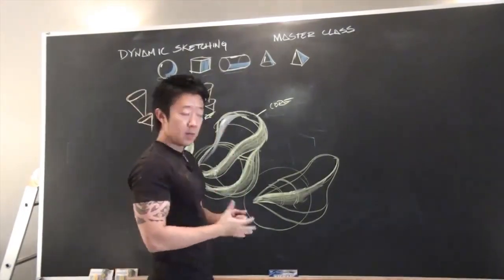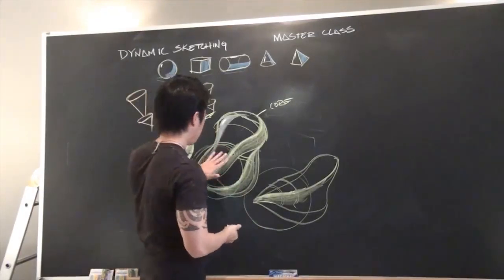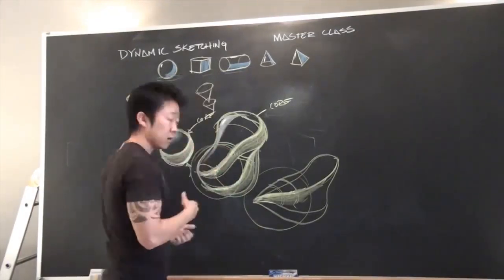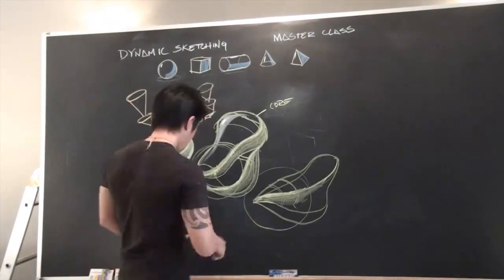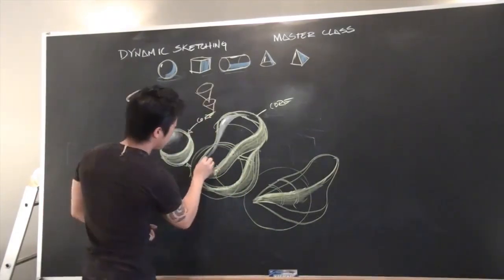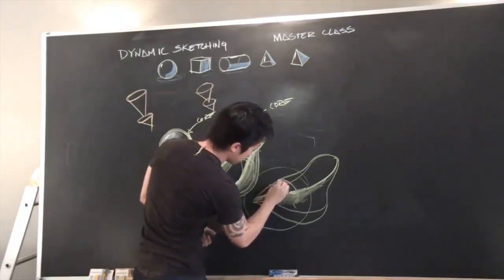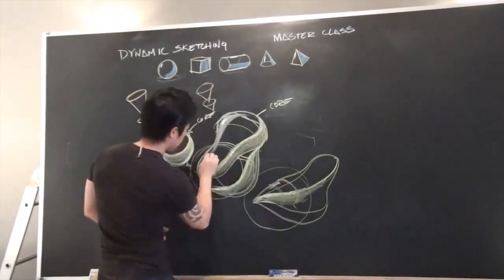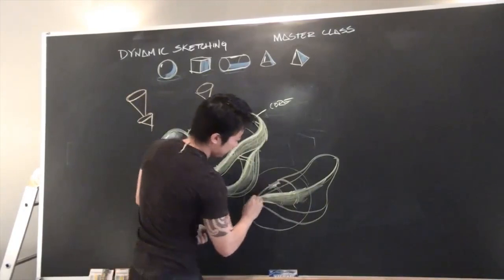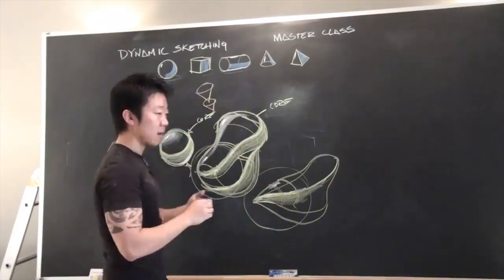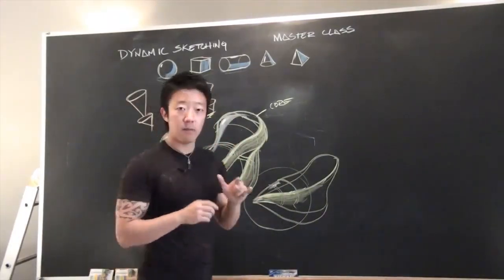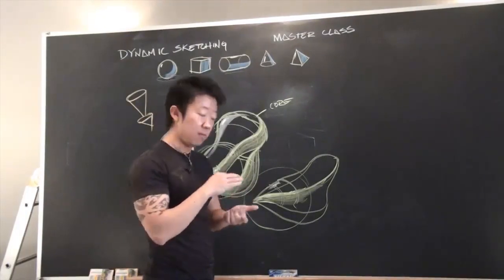If you feel confident that you've done your core shadows well enough, you can use your gel pen, your white, and go on top and hit it with a white if you like, just to experiment with it and try it out, just to see how it turns out. Be careful with the whites. With any material other than the pen itself, you need to be very, very minimal about it.